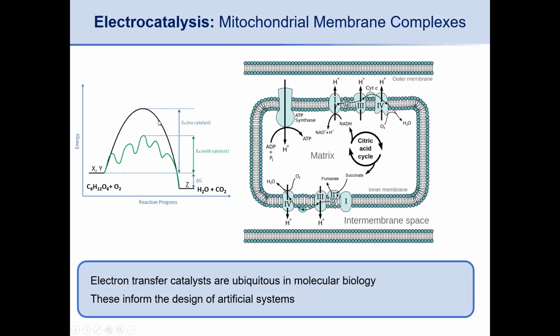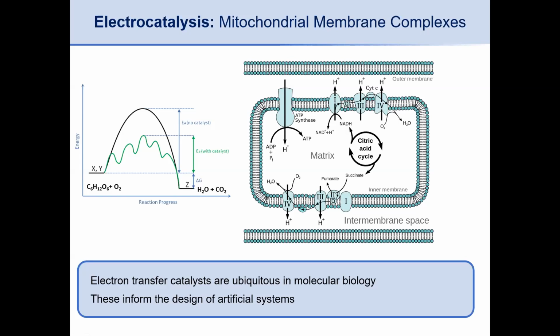So a point that was not really discussed in lecture, but I think is pretty important, is that electron transfer catalysts are pretty much ubiquitous in biochemistry, and all of them are extremely important, because without them, life would not be possible.